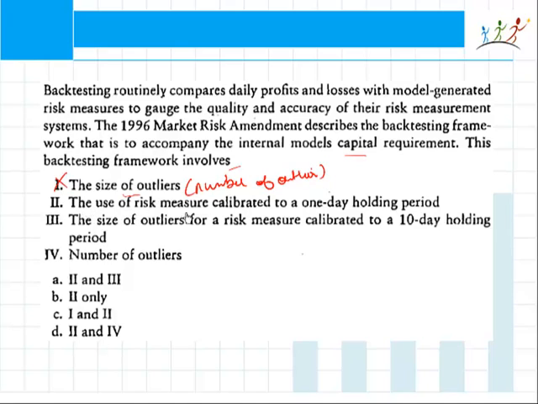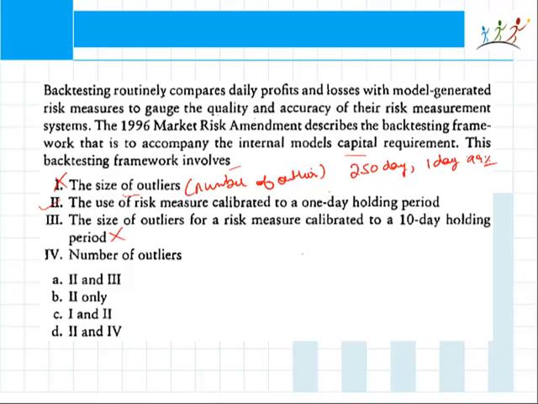The use of risk measure calibrated to a 1-day holding period, that is correct, because we use the 1 year, that is the 250-day 1-day VAR with a 99% confidence level. The size of outliers for a risk measure calibrated to a 10-day holding period, that's incorrect.